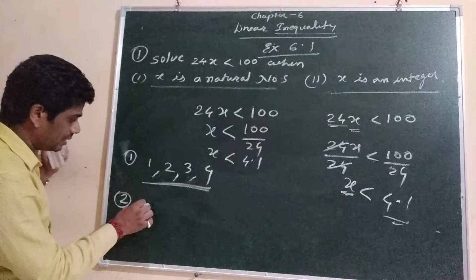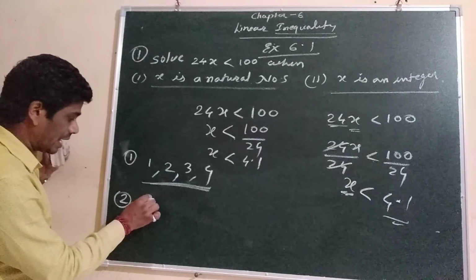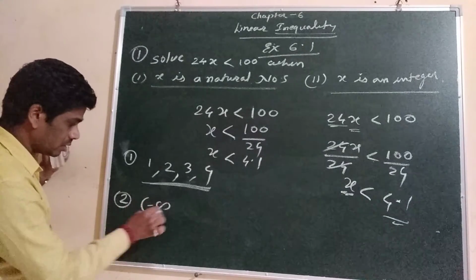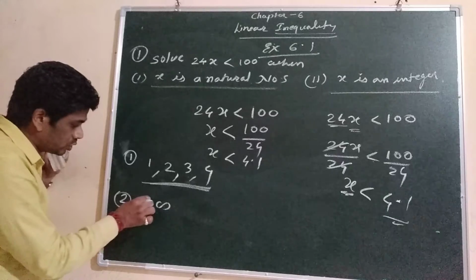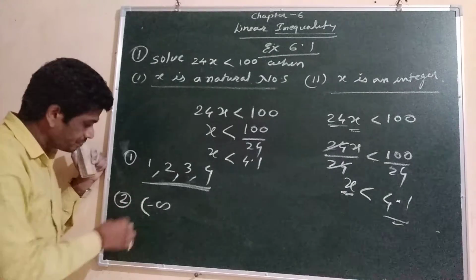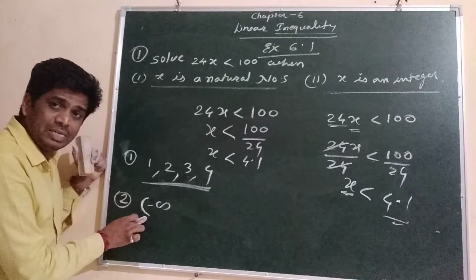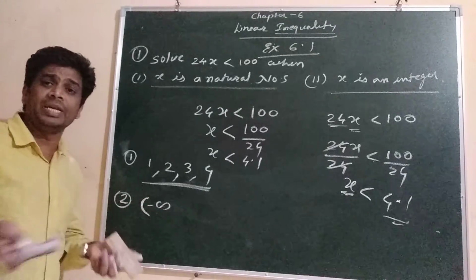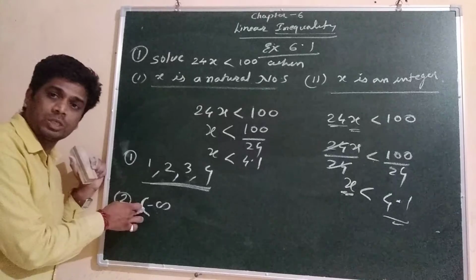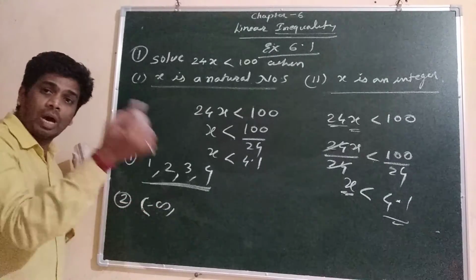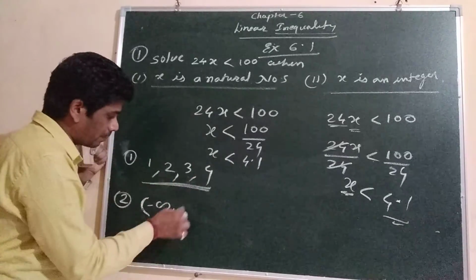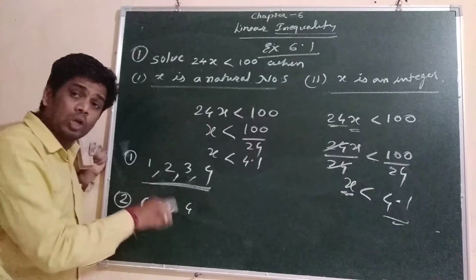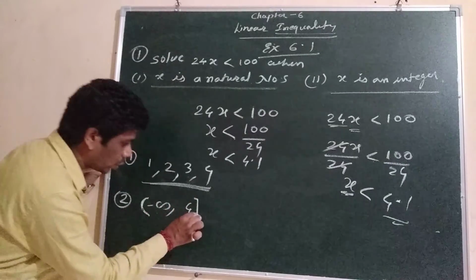We can write minus infinity, and this symbol is used because it represents excluding that number. Minus infinity is not any number, that's why we use this symbol. Up to which number? We will take up to 4 only. 4 is also included, that's why we write a closed bracket here.